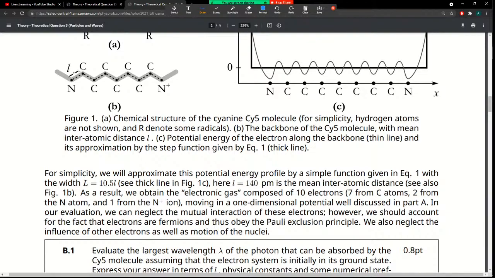Honestly, I think since this is physics, they don't really want us to consider that. So maybe they just want us to take 10.5. Yes. And that would be easier to calculate also. Yeah.